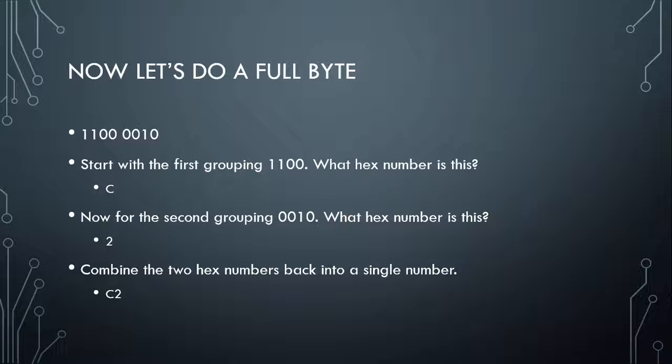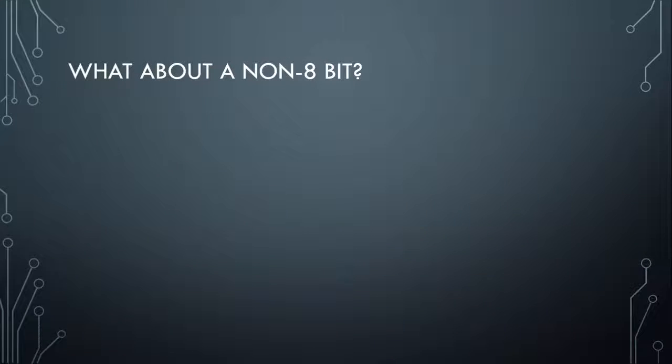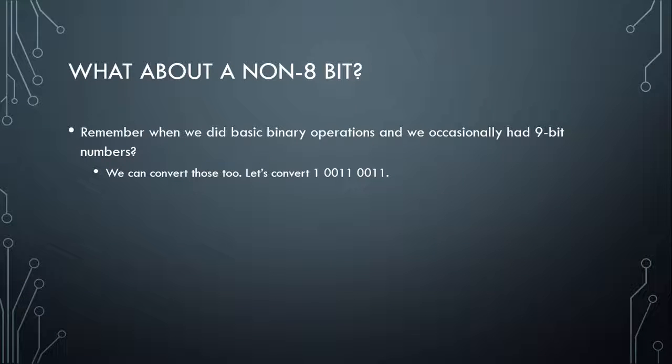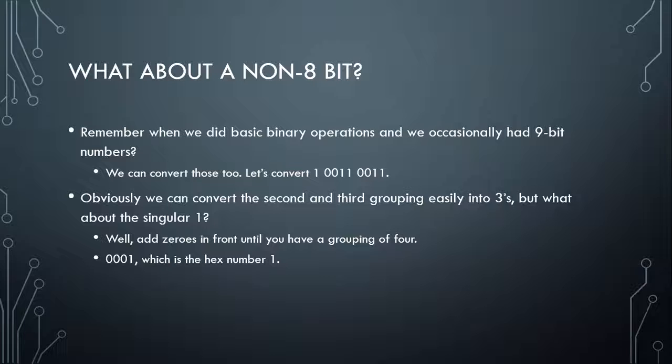And that's really all it is for converting from binary to hex. Now, let's say we have a non-8-bit number. Remember we did basic binary operations such as addition and multiplication, and we occasionally had 9-bit numbers. We can convert those too. So for this example, I'm going to use 100110011. Obviously we can convert the second and third grouping easily into 3.